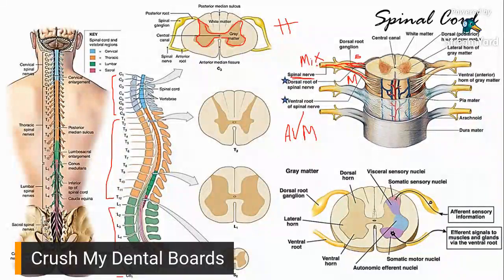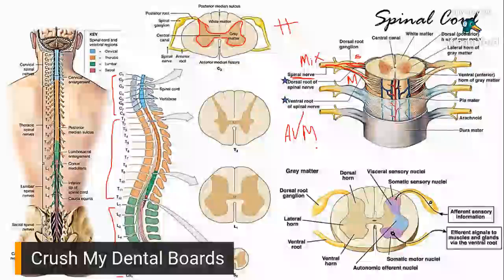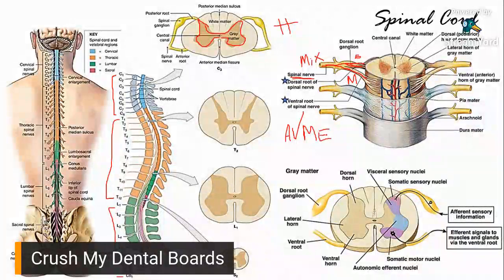Yep. So those are the important things regarding your spinal cord. Anterior ventral motor. Dagdag mo na yung motor efferent. There you go. Okay? Anterior ventral motor efferent signals. Para lang same page tayo lahat, no, when it comes to when I say sensory afferent, motor efferent.